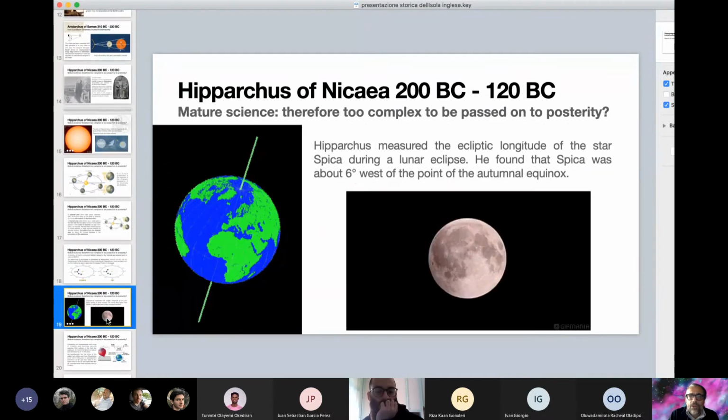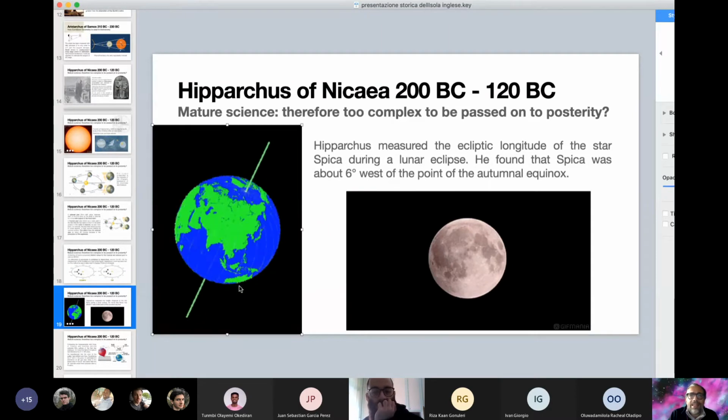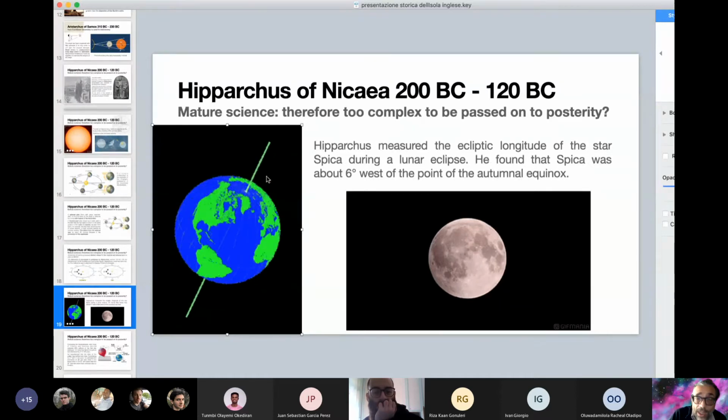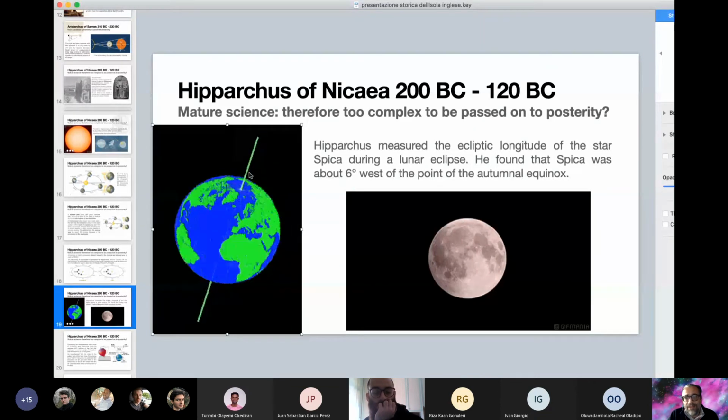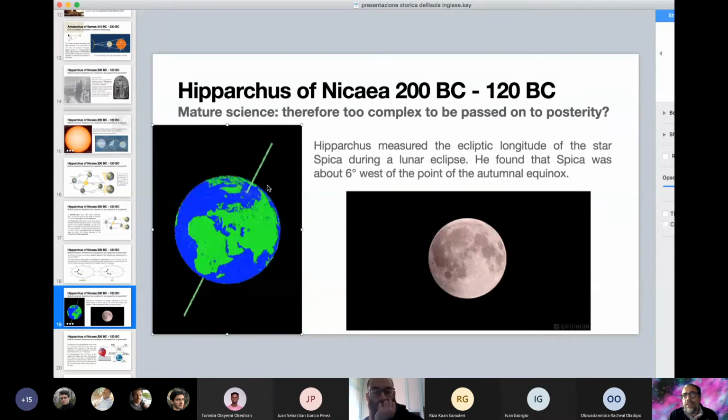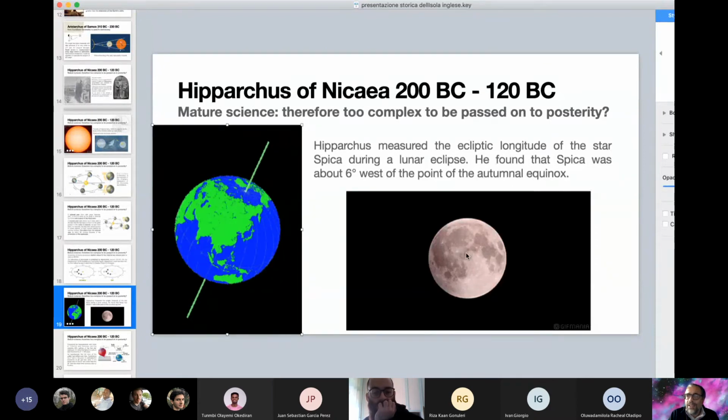Okay, so just to give you this idea, this is the secular motion, because this happens with a velocity in which you see differences of 1 degree in a lot of time.